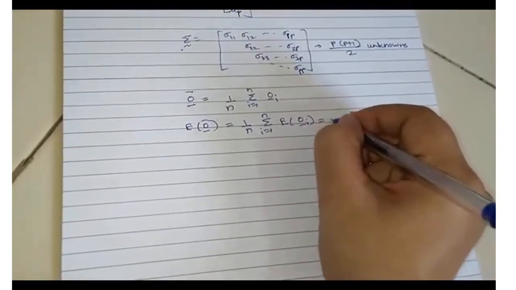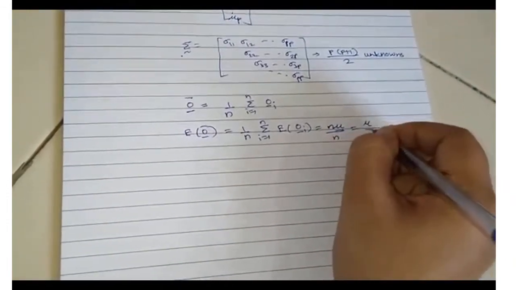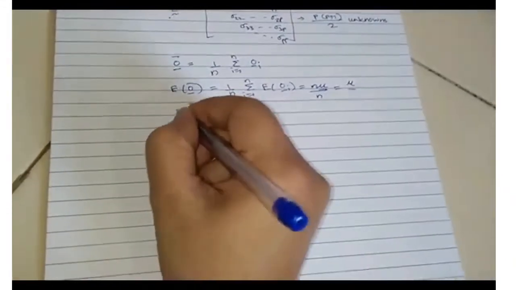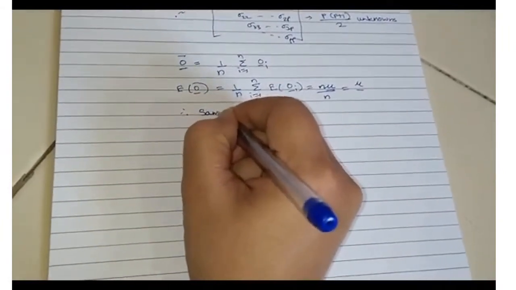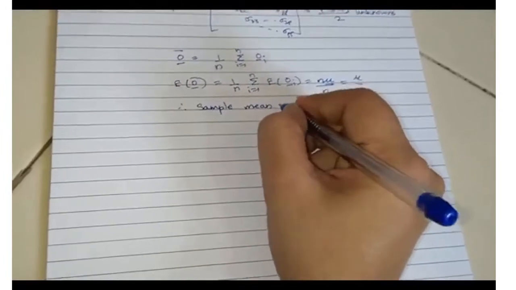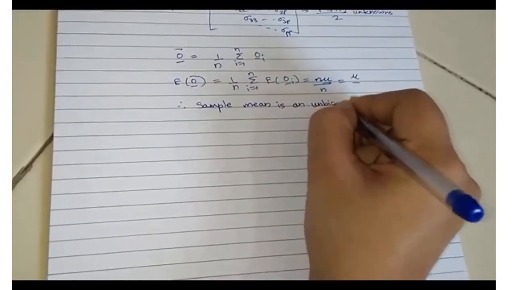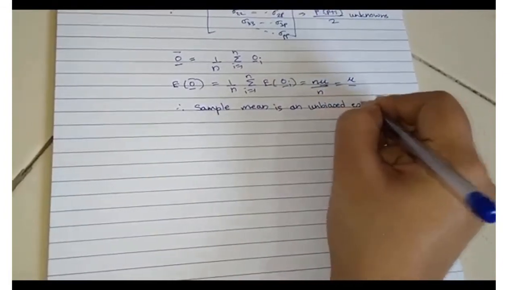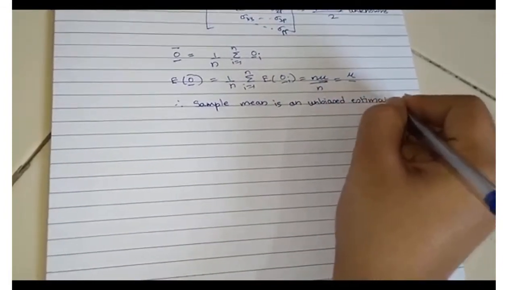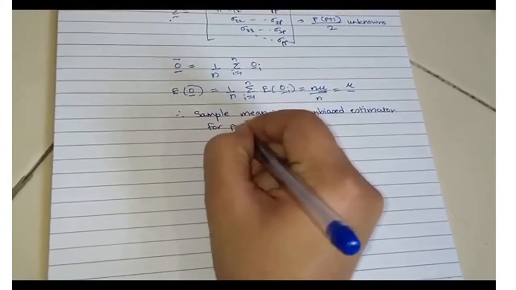So this becomes n mu upon n, which is mu. Therefore, sample mean is an unbiased estimator for population mean even in the multivariate normal setup. In fact, we haven't used normality here, so we can say that in general, in a vector setup, sample mean is unbiased estimator for population mean.